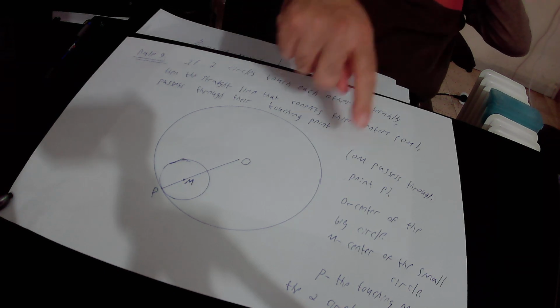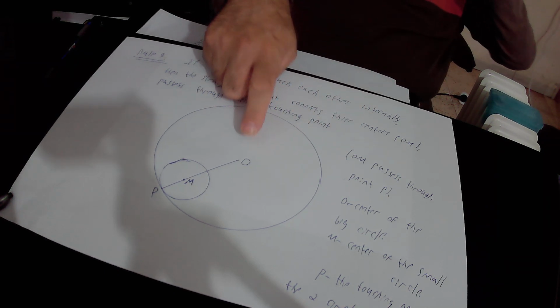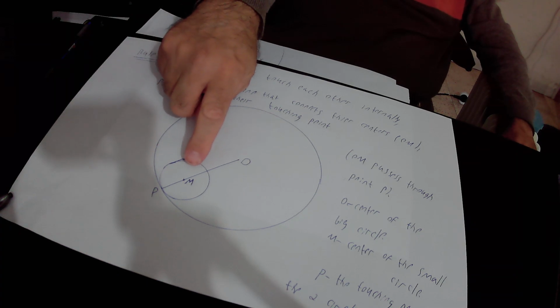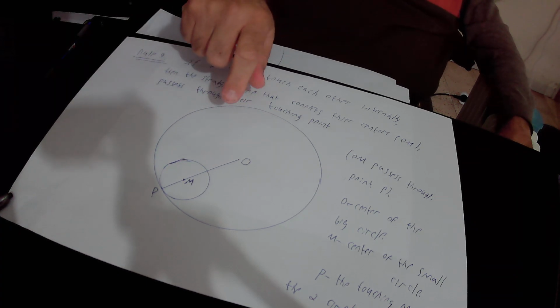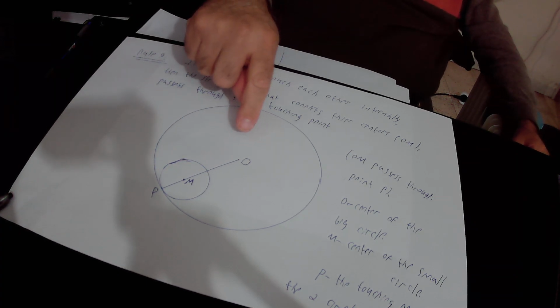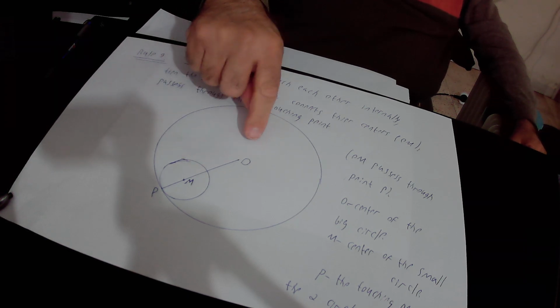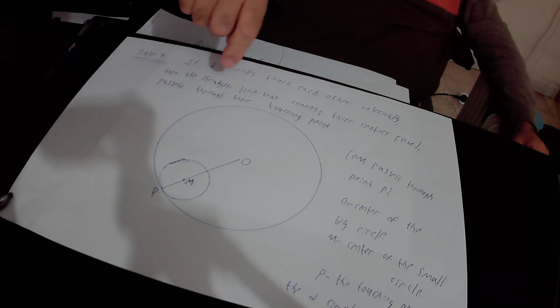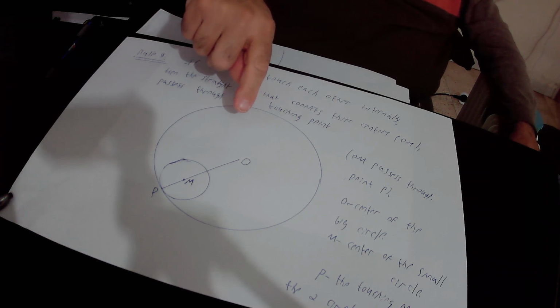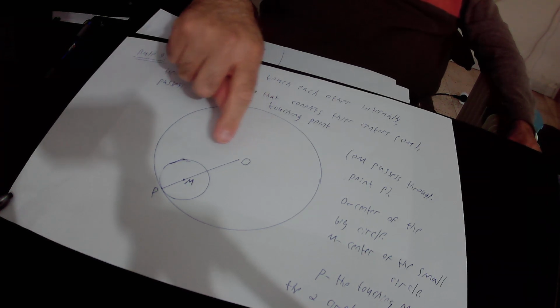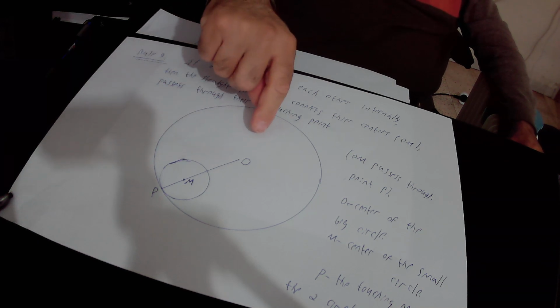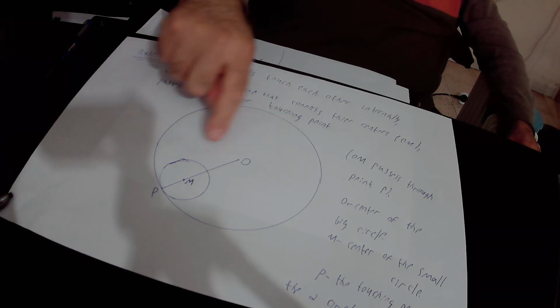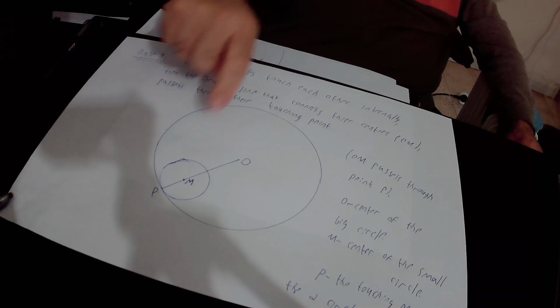Here, the center of the big circle is at point O, and the center of the small circle is at point M. The straight line that connects their centers together is OM. According to rule number 9, OM must pass through point P, that is to say, OMP is one straight line.